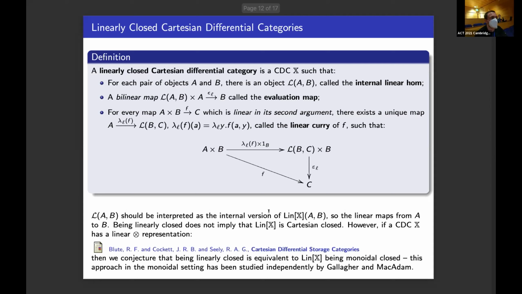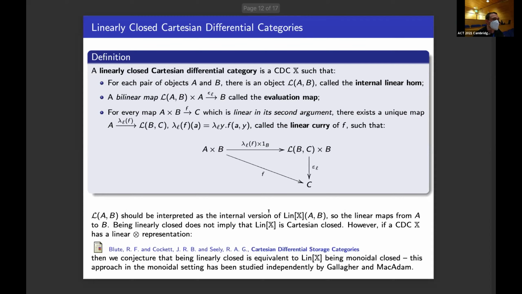So on this slide, you say that when a CDC has a linear tensor representation, then you have this conjecture about it being linearly closed if the linear subcategory is monoidal closed. That's right. But if you don't have a tensor, is being linearly closed equivalent to the linear subcategory being closed, non-monoidal closed, in the sense of having HOMs?